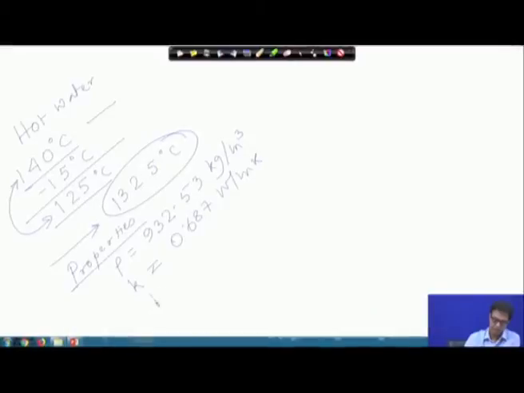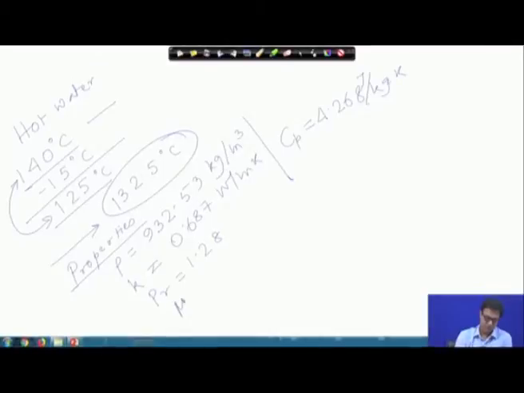The Prandtl number is 1.28 and Cp is 4.268 kilojoule per kg Kelvin.